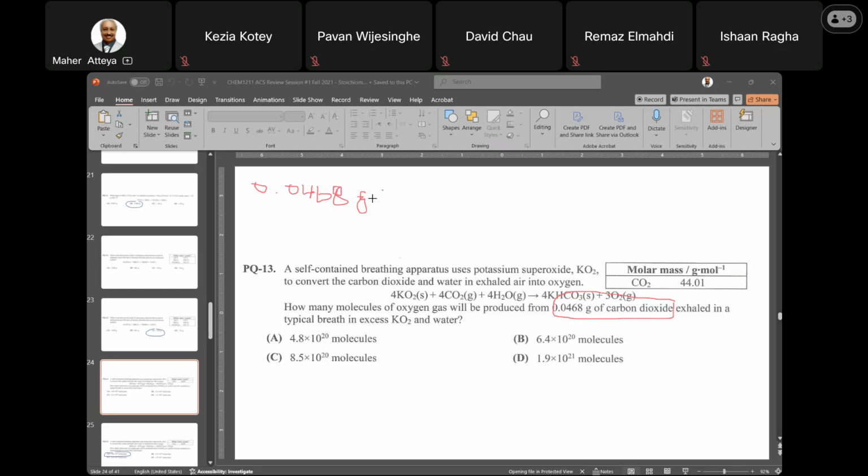Grams of CO2. I need to get the moles, correct? So this is 1, and then I put the molar mass given to me here.